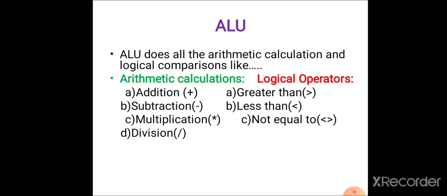Logical operations means greater than, less than, not equal to. You know what is an addition, subtraction, multiplication and division. When you want to perform this kind of calculations, it can be done with the help of arithmetic logic unit.